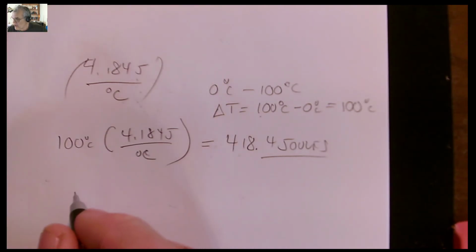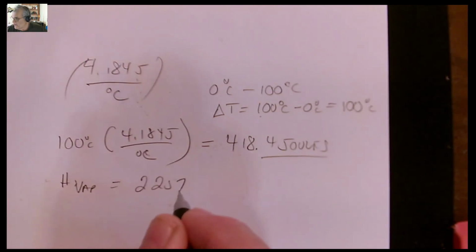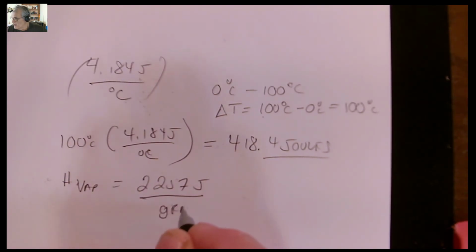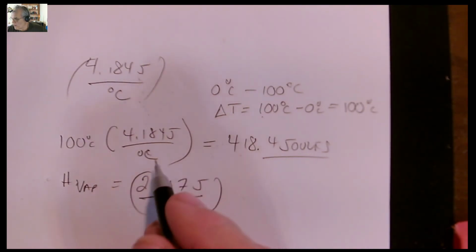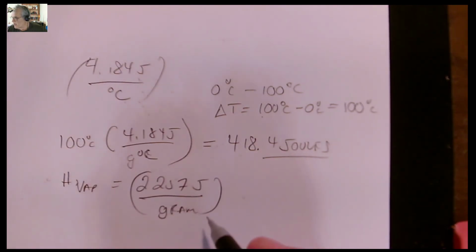The enthalpy of vaporization of water, the H of vaporization of water, is actually 2,257 joules per gram. In this case, notice it's per gram. I said 1 gram of water up here, but that was per gram degrees Celsius, because that's the specific thing. This is just per gram. It doesn't tell you about changing the temperature because we're not changing the temperature.